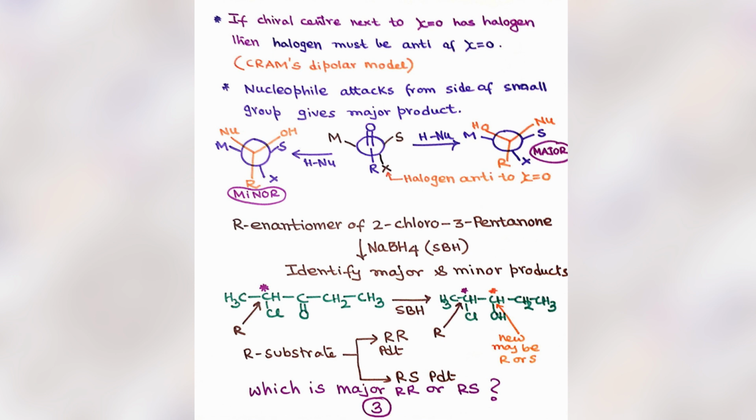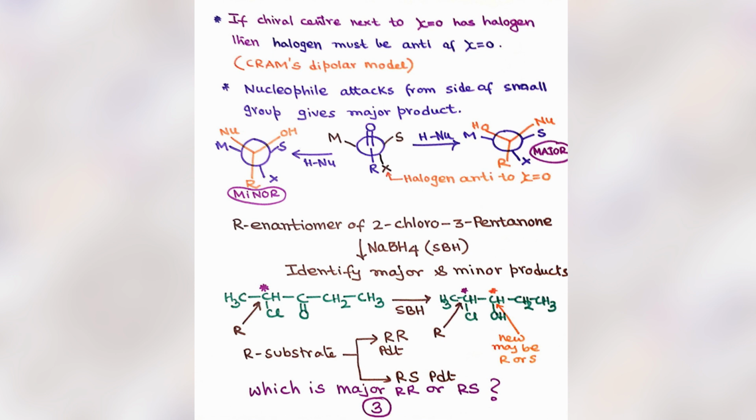Now, 2-chloro-3-pentanone has a C=O, and that will be reduced to the secondary alcohol by using sodium borohydride. If we start from the R enantiomer of that substrate, then the chlorine bearing center will not participate in the sodium borohydride reduction. Therefore, in the product also this chlorine bearing center will retain its stereochemistry, that is R.